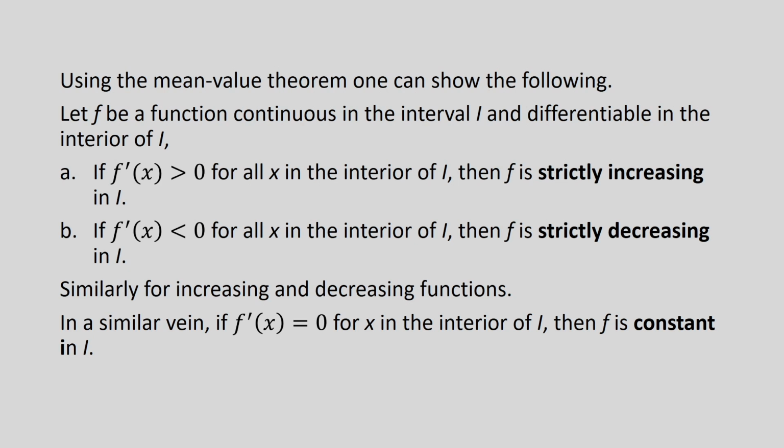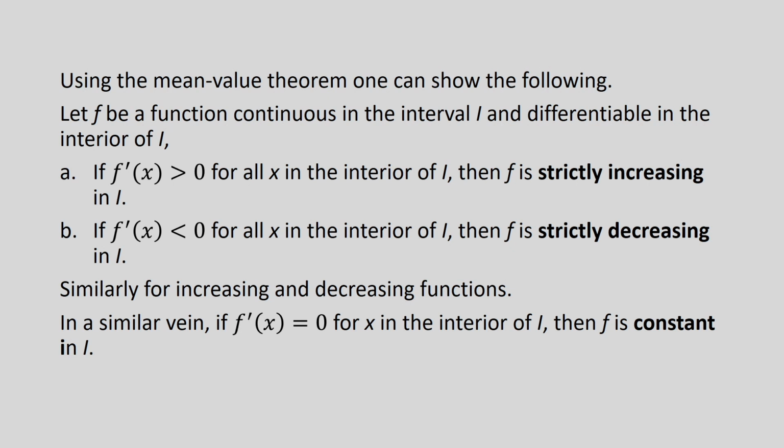Number 1, f dash of x greater than 0 for all x in the interior of I means that f is strictly increasing in I. Similarly, if f dash of x is strictly less than 0 for all x in the interior of I, then f is strictly decreasing in I. Both these properties are quite intuitive actually, and this can be proved by invoking the mean value theorem.